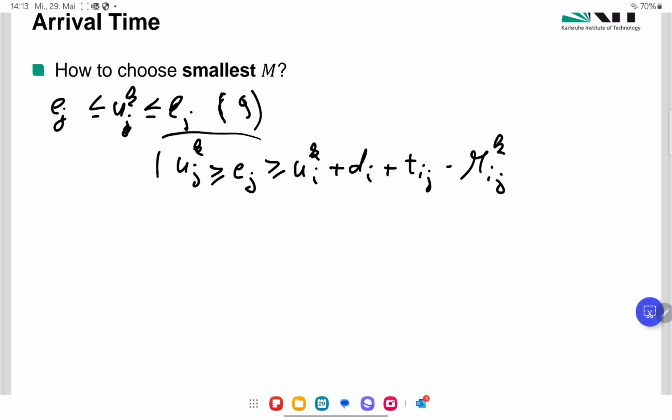And this part is already fulfilled by the time windows in constraint group 9. Okay, so this is fine. Now we want to check the right side so that Ij is still fulfilled.